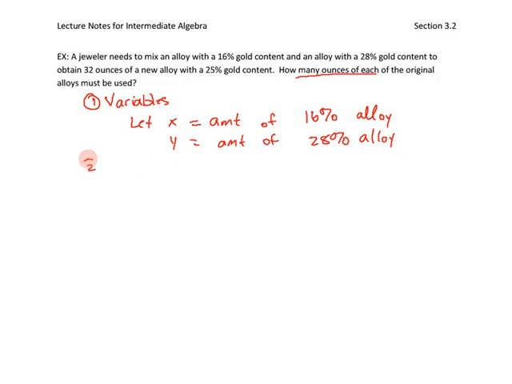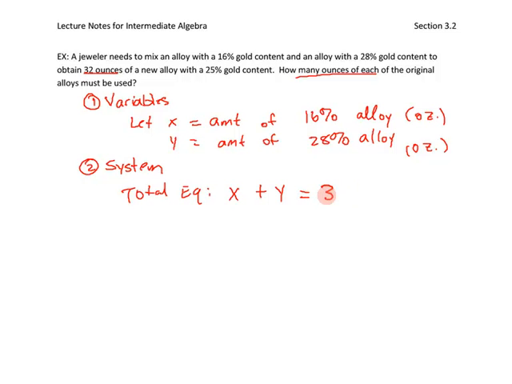Now, let's set up our system. What's the total equation? We want a total of 32 ounces, so these each need to be in ounces. We take x ounces of the 16% alloy plus y ounces of the 28% alloy. The total we need to get is 32.